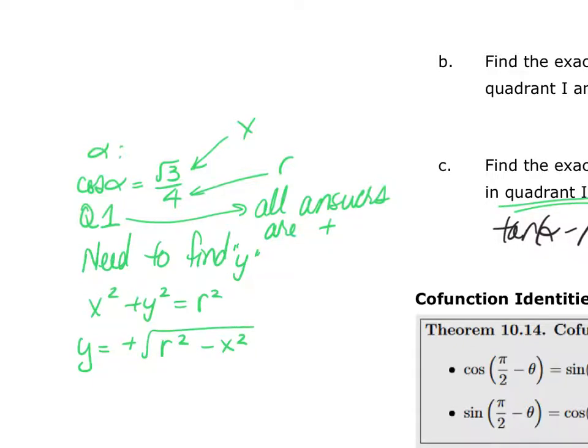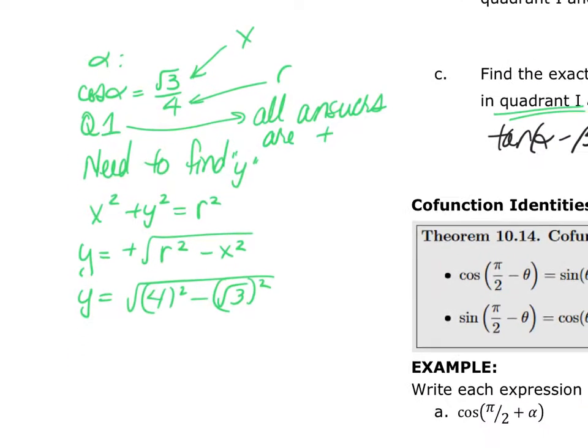I'm going to put the information in that I know. So y is equal to the square root of 4 squared minus the square root of 3 squared. So this is going to be equal to the square root of 16 minus 3, the square root of 13.